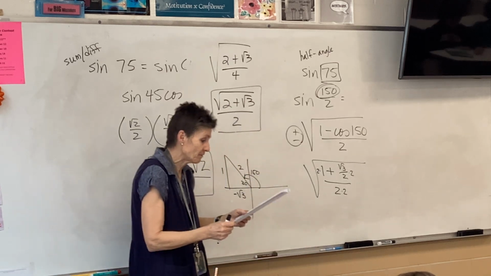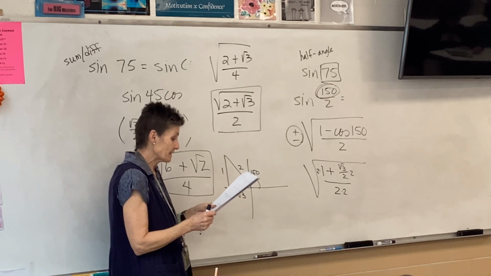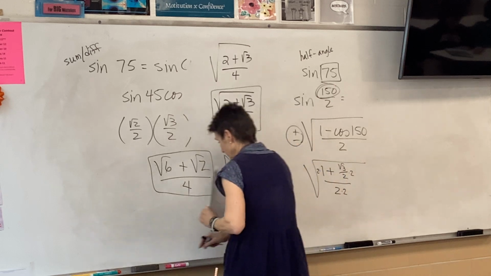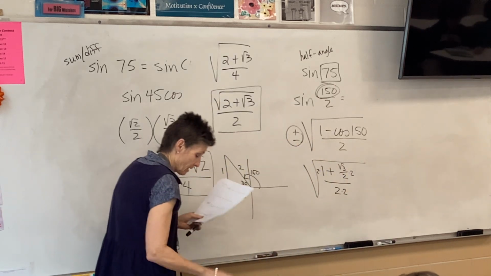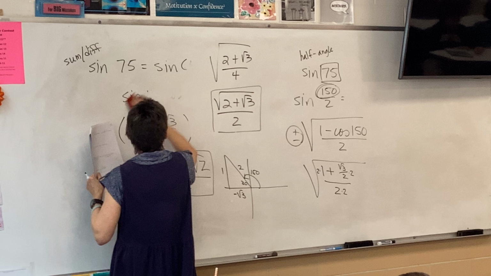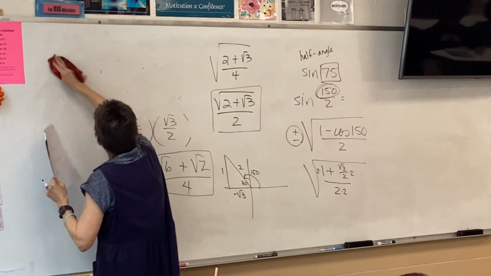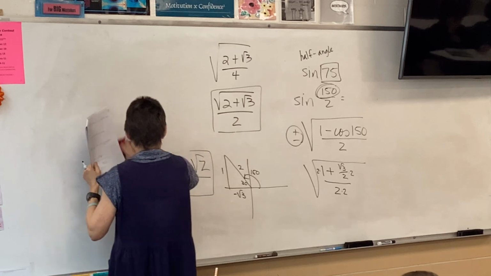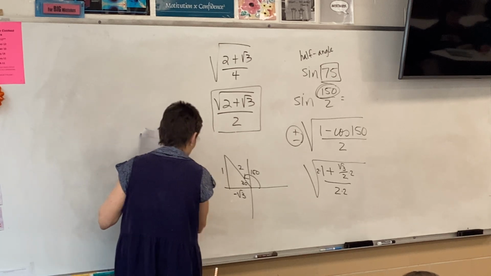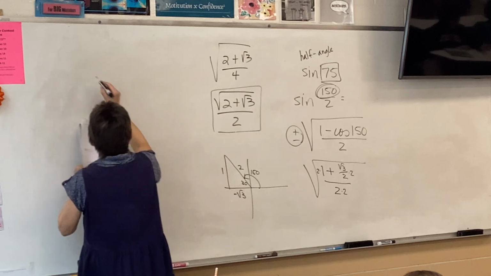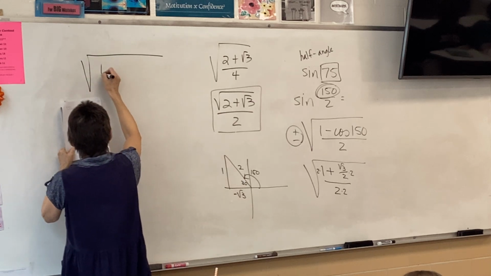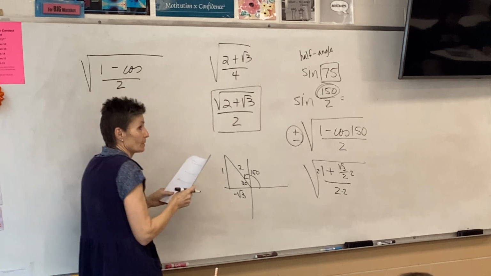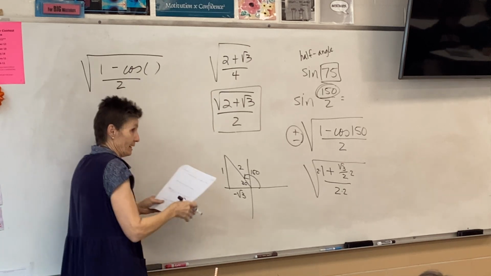So we're on page 52, and we're ready to simplify. We did some of these the other day, and you guys really did a good job with them. These are using your formula backwards, okay? So when we have 1 minus the cosine of something over 2, forget the number for a minute.